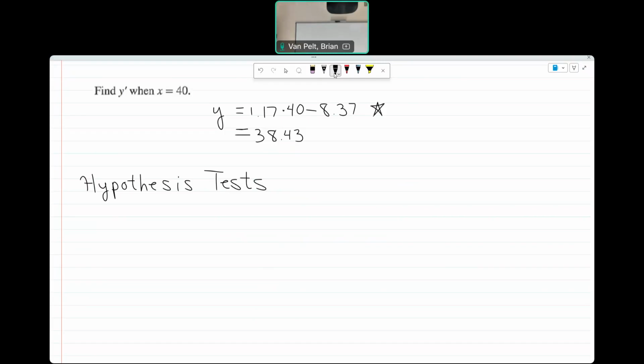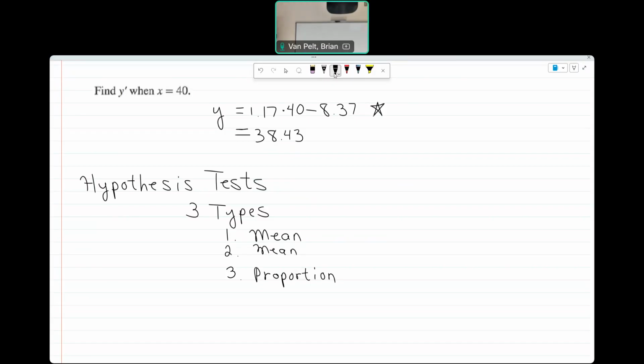All right, so hypothesis test, we have 3 topics. So we have a mean, or a proportion. These are the 3 hypothesis tests we're doing.